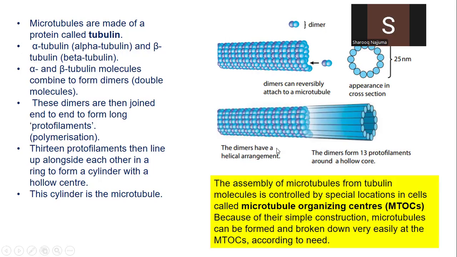However, at the end of cell division, the spindle microtubules have to be disintegrated, broken down, because their role is already done. There is a special region inside a cell that is responsible for assembling or disintegrating those microtubules, which they call a microtubule organizing center, MTOC.